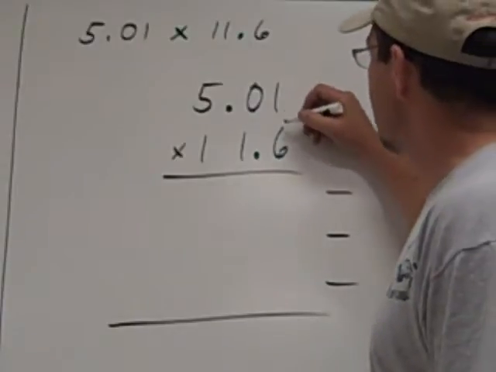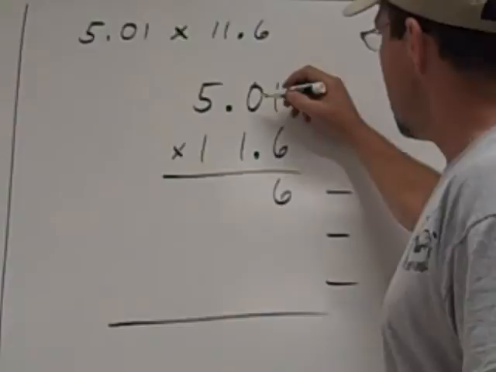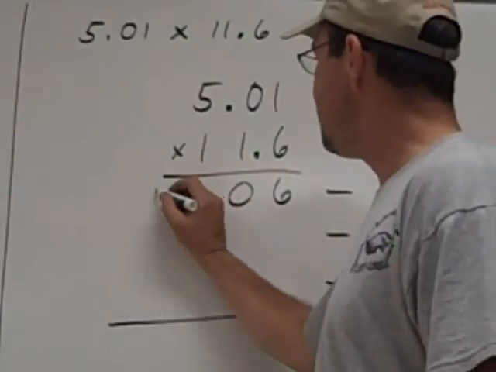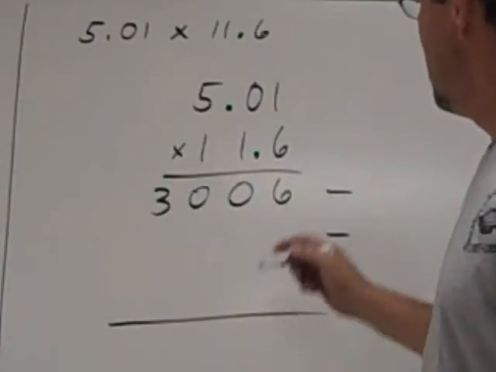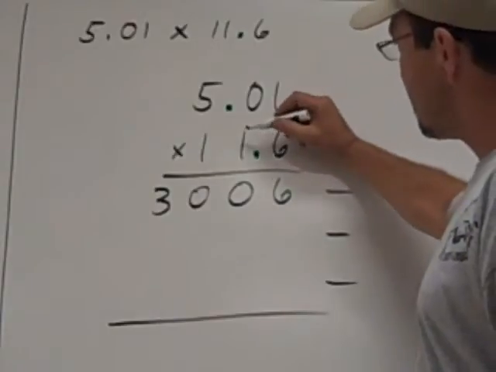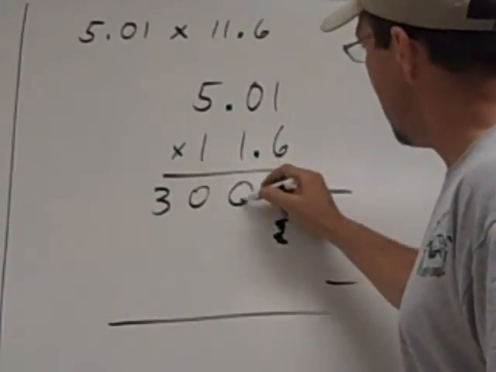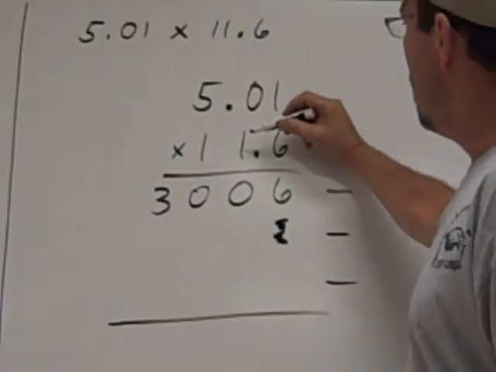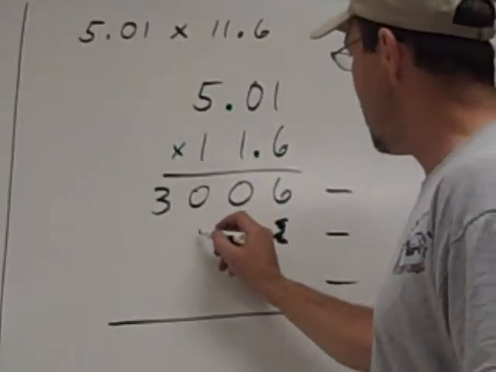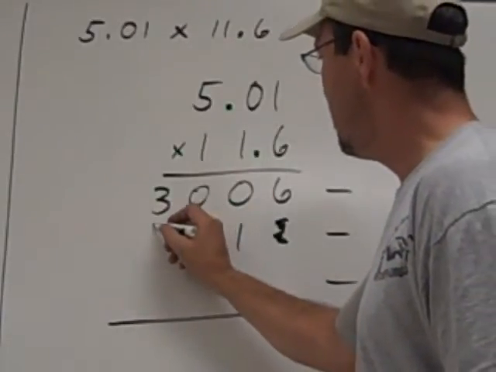So here we go. 6 times 1, 6. 6 times 0, 0. 6 times 5, 30. First number is done. First line is done. We're going to the second number, second line. We need 1 bump over so we can get underneath that second number. 1 times 1, 1. 1 times 0, 0. 1 times 5, 5.